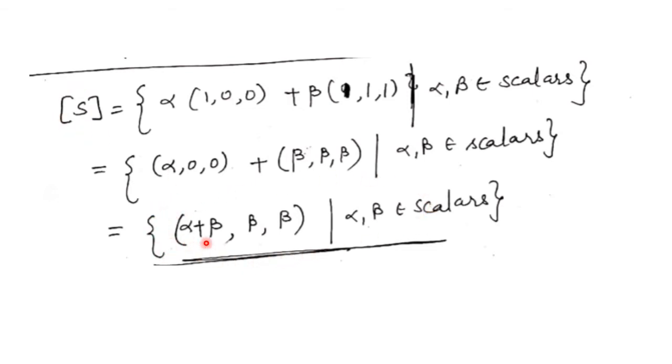You can put alpha and beta to be any numbers. You can put alpha, beta to be 0, you can put 1, half, -1, whatever, any real number. So this set now has infinitely many elements. It is always of this form. So this is the span of set S.